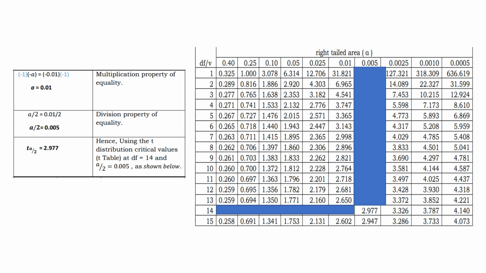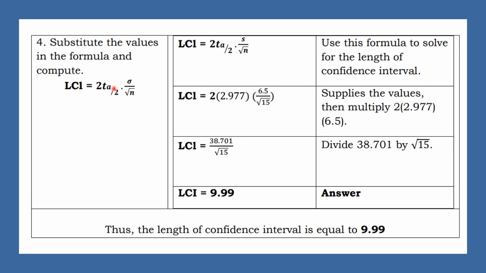Okay? Next, we substitute the values we already determined a while ago. So we have 2 times the t value, which is 2.977, multiplied by the standard deviation 6.5, divided by square root of 15, the sample size. By multiplication, 2 times 2.977 times 6.5 is equal to 38.701.